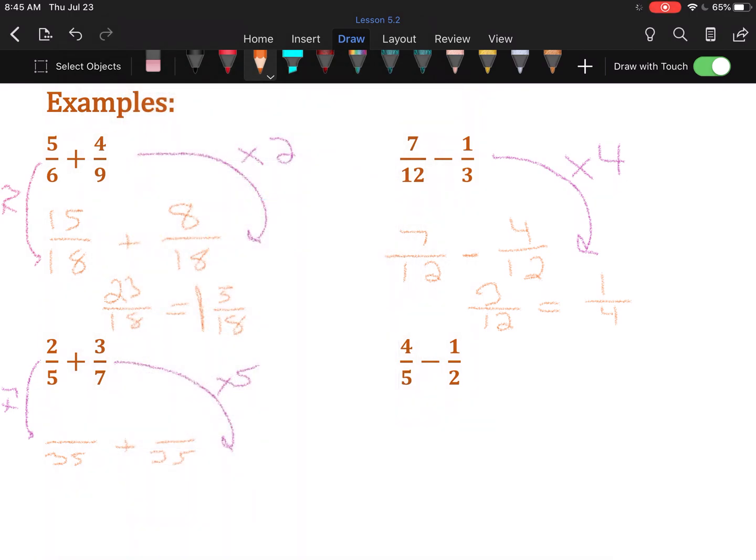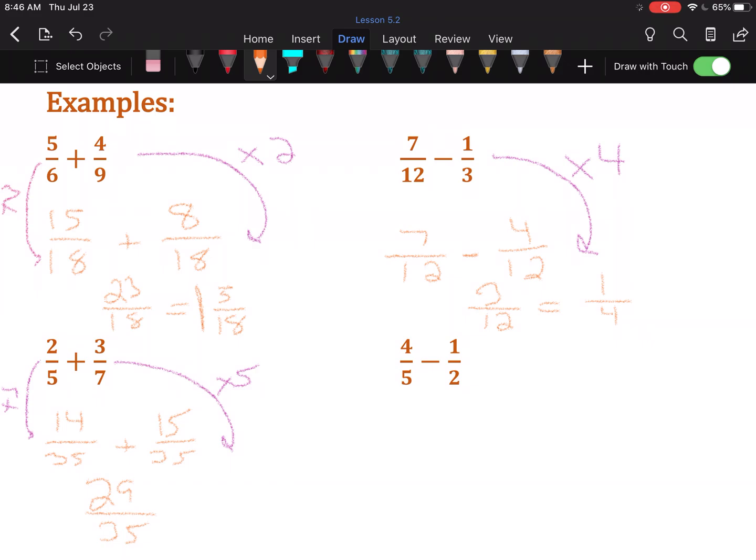So what does that do to our numerators? Well, 2 times 7 is 14. 3 times 5 is 15. Now we can add. 14 and 15 is 29. And 29 and 35 don't simplify. 29 is prime, actually. So the answer is 29/35.